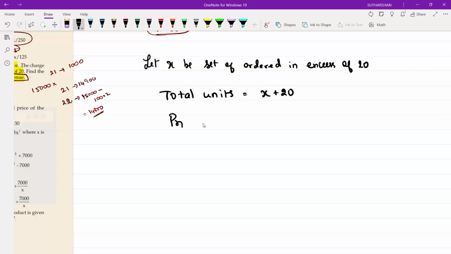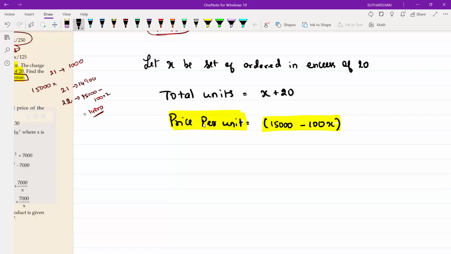Then I will come to the price per unit. That's the crucial point which you need to remember. The price per unit is nothing but your first 15,000, and on that you are going to subtract 100 for every x variable. So price is 15,000 minus 100x.